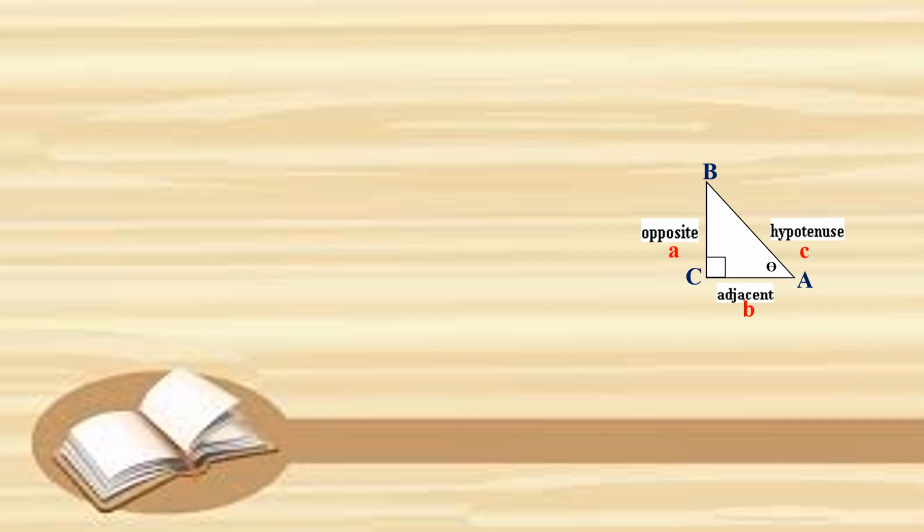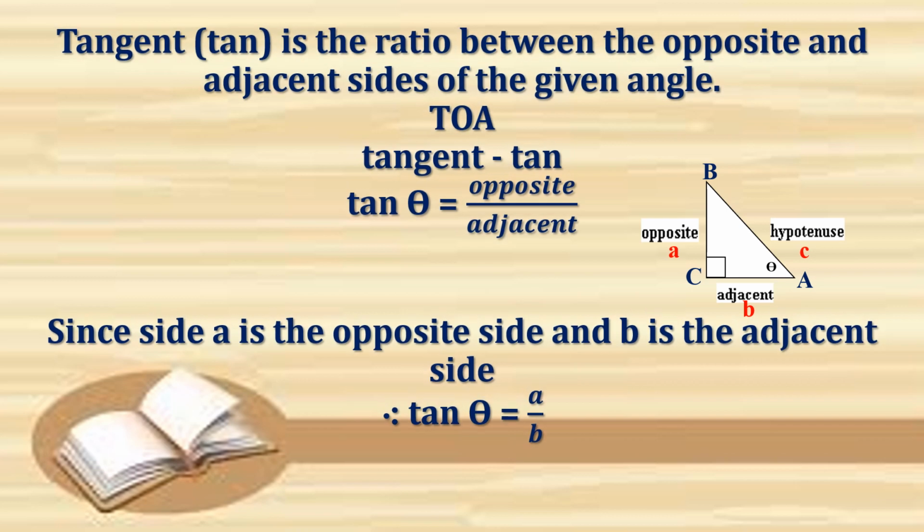The third of the three basic trigonometric ratios is tangent, written as tan. Tangent is the ratio between the opposite and the adjacent sides of the given angle.